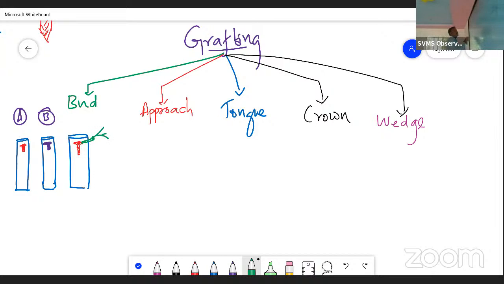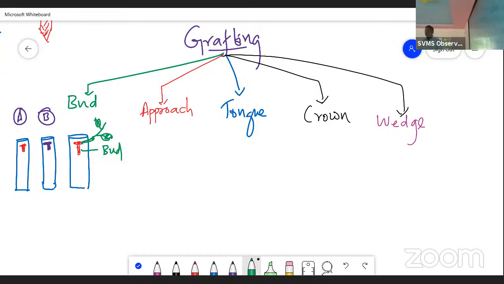After the new plant emerges from the stock, it is detached and planted in suitable soil and it grows into a new plant. This is one of the grafting methods in which a bud-like structure is inserted in the stock region and a new plant is formed. This is bud grafting.